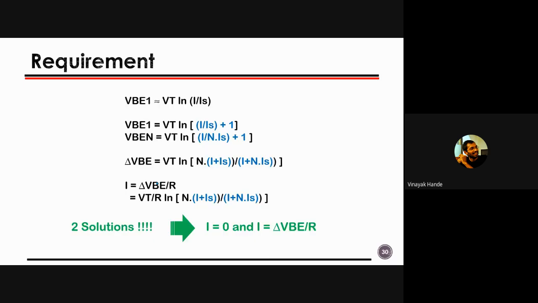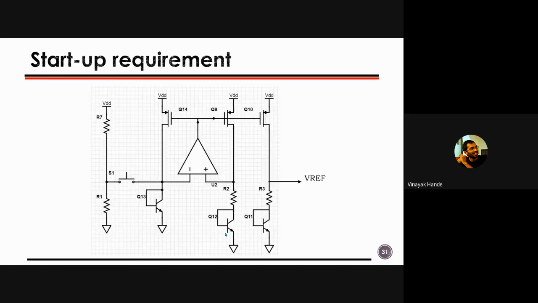And this is exactly the solution I equal to 0. We don't want this kind of scenario to happen, so what we have to do is wake up this operational amplifier, right? How do we wake it up? You just have to wiggle one of the op amp's terminals, which means somehow we have to create a difference between the inverting and non-inverting terminals of the operational amplifier.